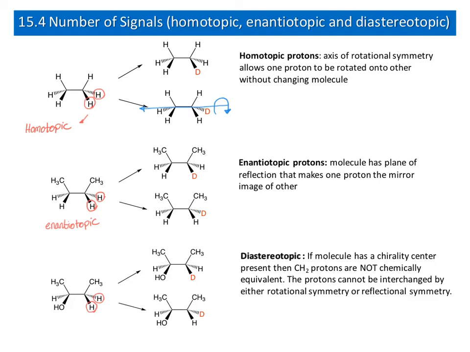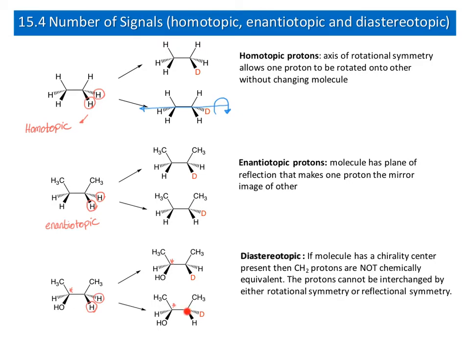Something we need to be very careful about is that there is a pre-existing chiral center in this molecule. This center right here is a chiral center, and we didn't touch it, so the configuration of this chiral center should be the same in both of these structures.